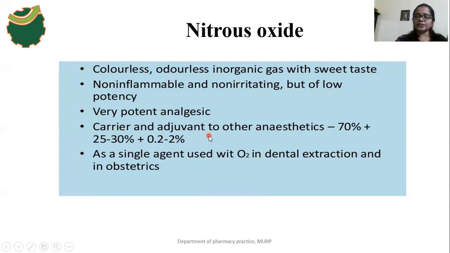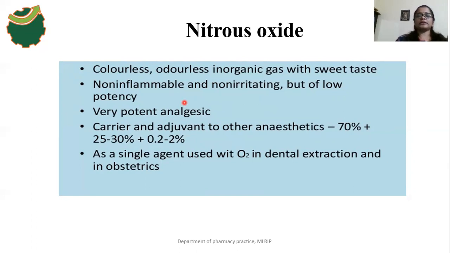Another general anesthetic. For example, here 70% of nitrous oxide is used along with 25 to 30% of oxygen, and 0.2 to 2% of another potent general anesthetic drug. So when nitrous oxide is used along with another general anesthetic drug only, it can show the analgesic effect.